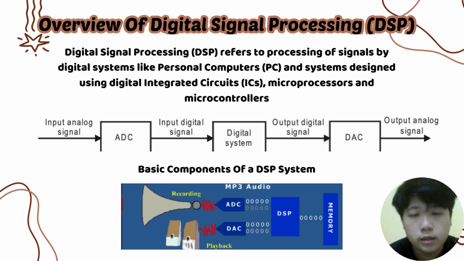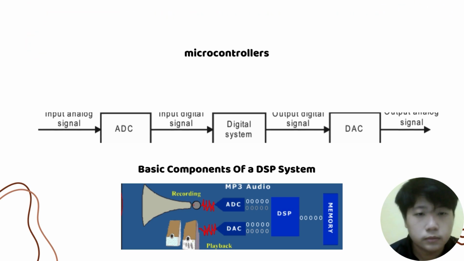We have input analog signals, then they go through the analog to digital converter, then become input digital signals and go through the digital system, and the output digital signal goes through the digital to analog converter before we get an output analog signal back. So these are the basic components of a digital system in the block diagram.